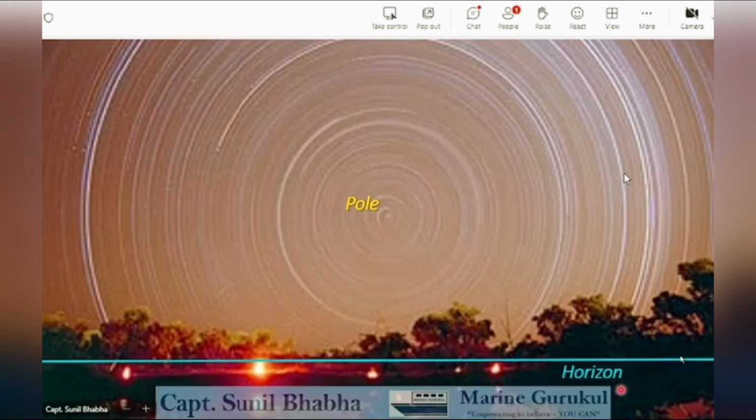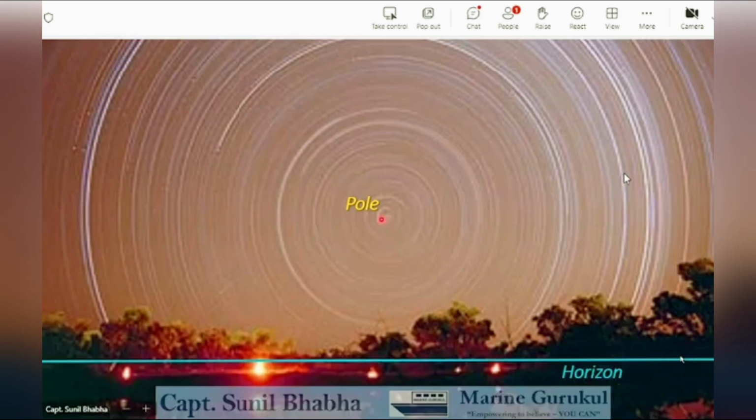Now let's assume that we have a free gyro and we want to have a gyro compass which can give us a direction reference. Now we want our free gyro spin axis to point towards north. So let's first identify the north point on our horizon.